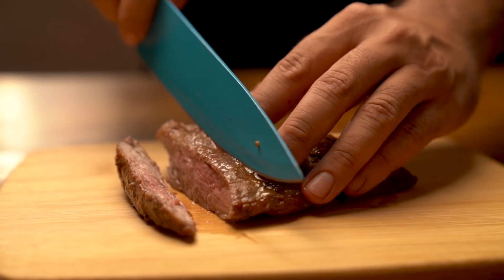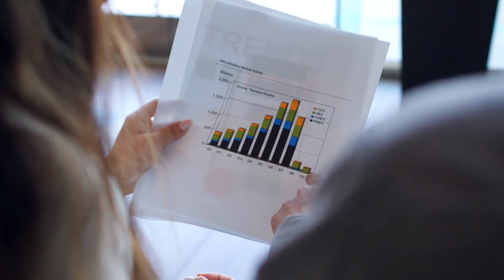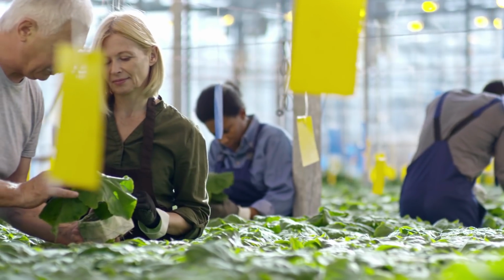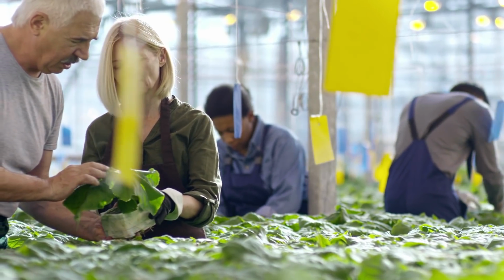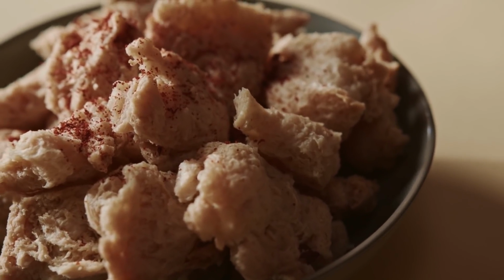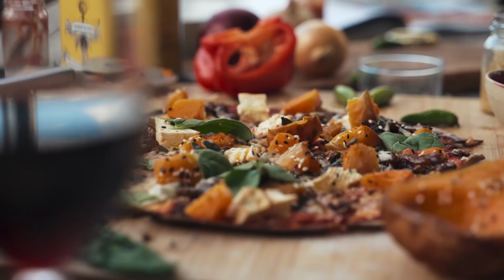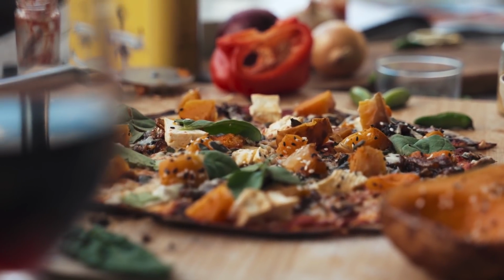The total amount of meat consumed in the US has increased by 40% since 1961. In 2017, the U.S. Department of Agriculture, or USDA, reported that Americans exceed the amount of meat recommended by the National Dietary Guidelines.